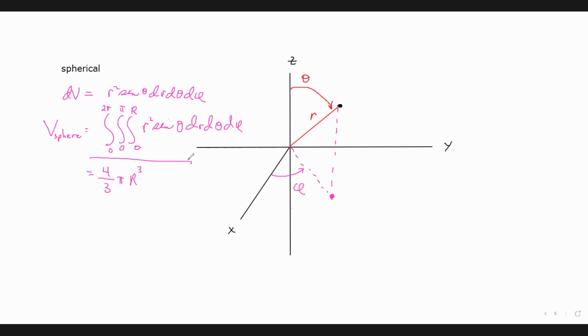It's very simple. Professor? All right. Yes. Could you explain one more time why the range of the theta angle is from 0 to pi and not 0 to 2 pi? Because straight up is theta equals 0, and straight down is this angle, which is pi, and that's it.